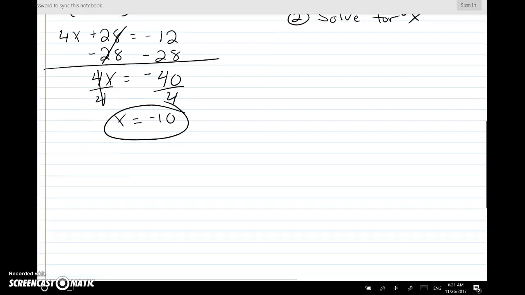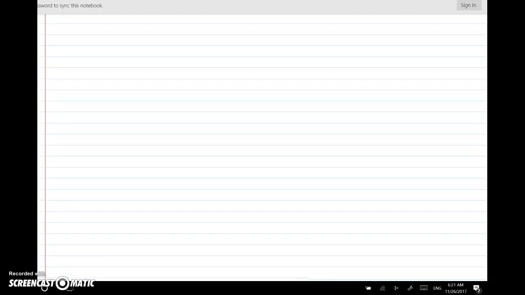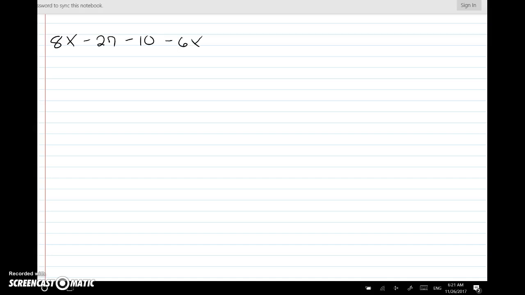Let's look at a combining like terms problem. 8x minus 27 minus 10 minus 6x equals 15. I don't have any distributive property here, but I have lots of terms. So I want to start by combining like terms.